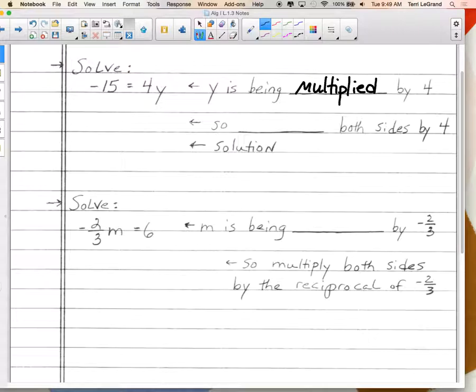So then what should I do to both sides to get y alone? What undoes that multiplying? Dividing. Dividing by what? Dividing by 4. Okay, so divide both sides by 4. Tell me what you get. Now, I know what a lot of you are already going to do.